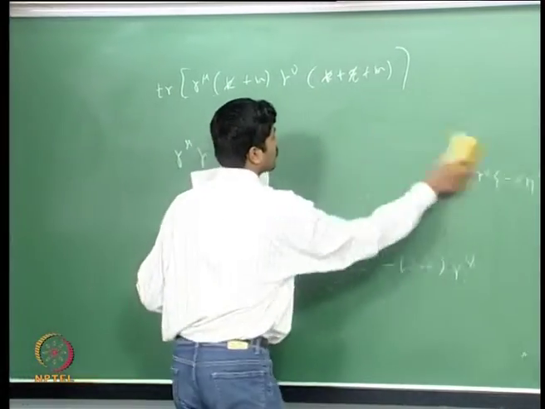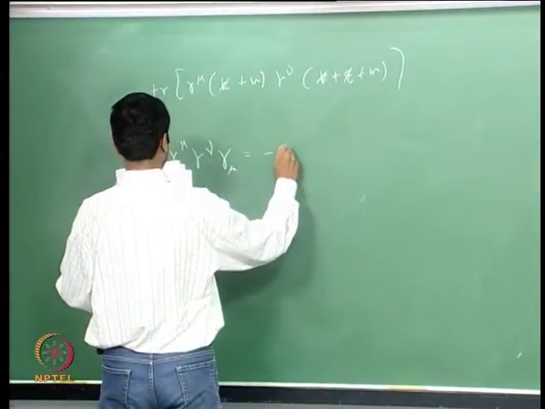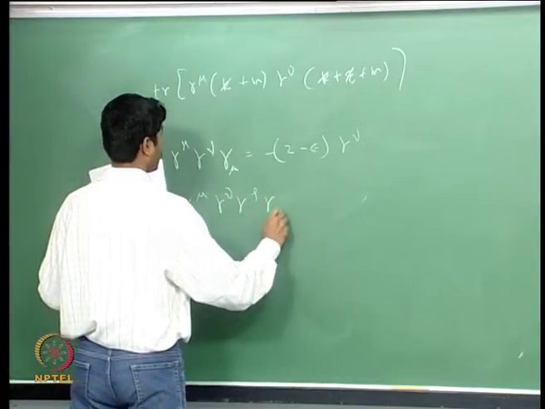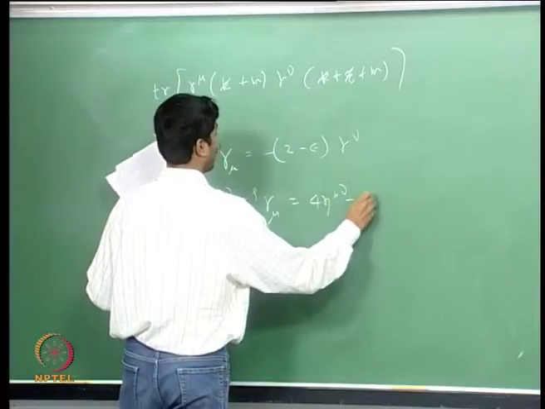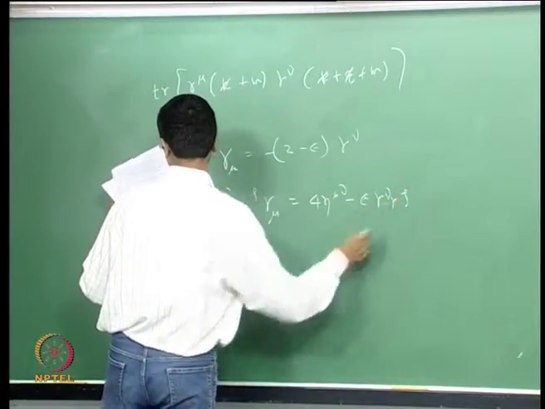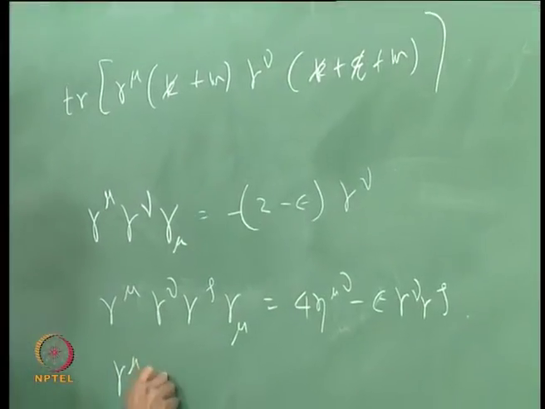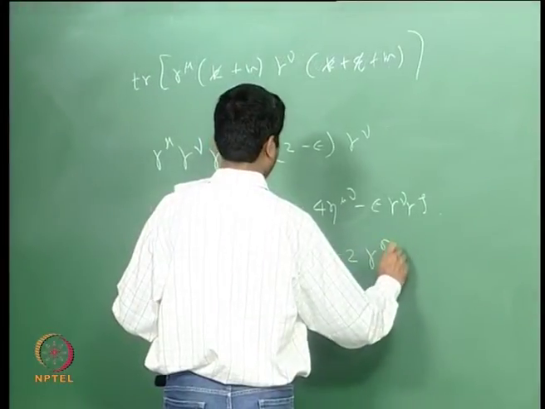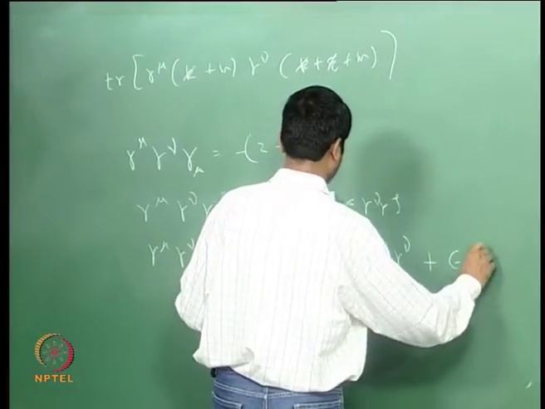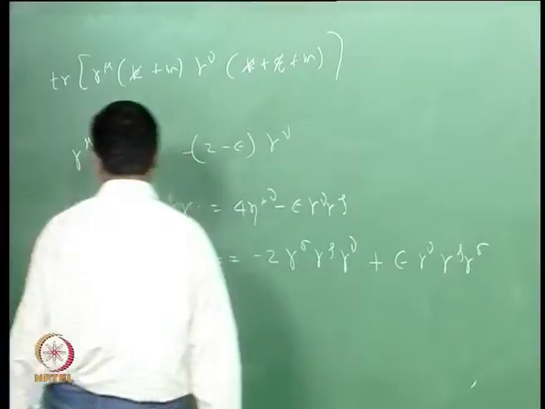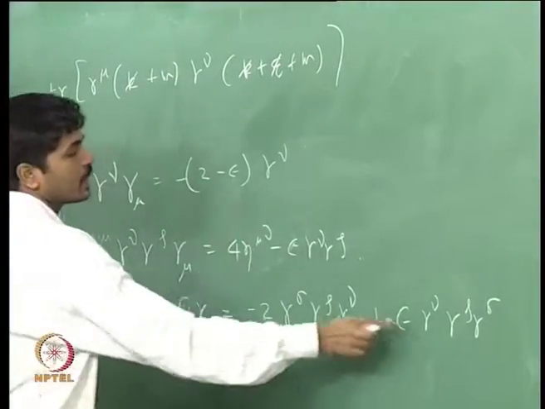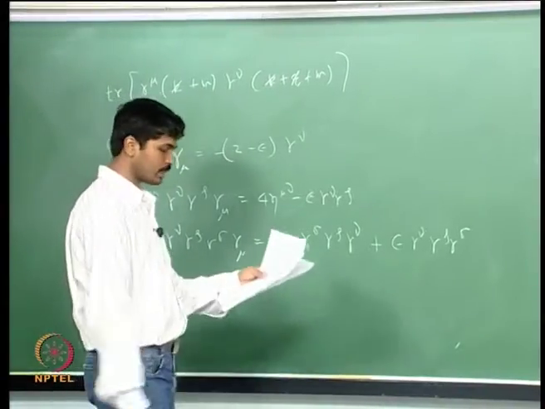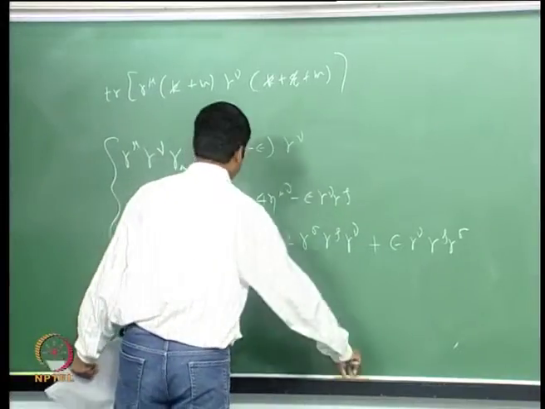So, this when we have evaluated, we saw that this is given by −(2 − ε) γ^ν, γ^μ γ^ν γ^ρ γ_μ is simply 4η^μν minus ε γ^ν γ^ρ, and when there are 3 gamma matrices, γ^μ γ^ν γ^ρ γ^σ γ_μ is equal to −2γ^σ γ^ρ γ^ν plus ε γ^ν γ^ρ γ^σ. So, the epsilon dependence appears here explicitly when you evaluate the vertex corrections or the self energy diagram, but when you consider the physical amplitude, then all these corrections simply drop out.